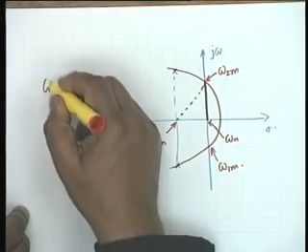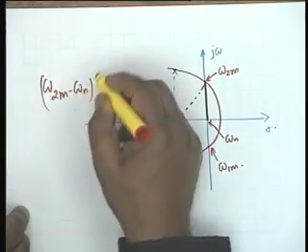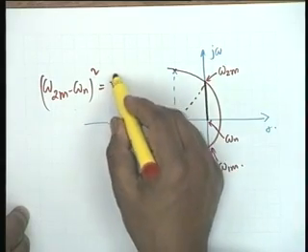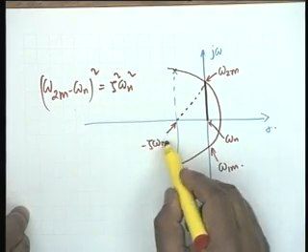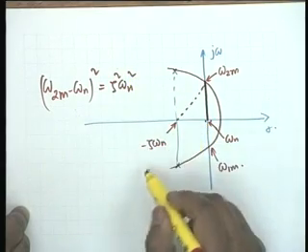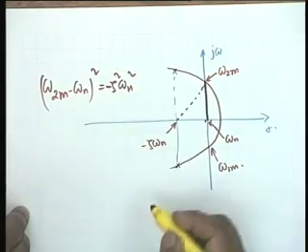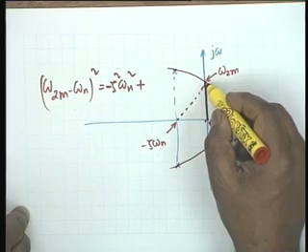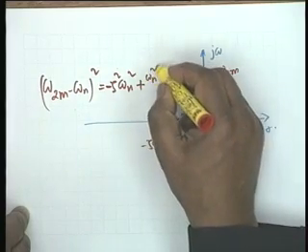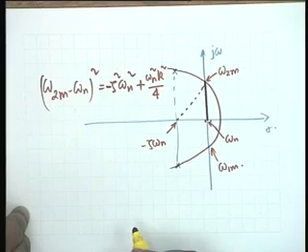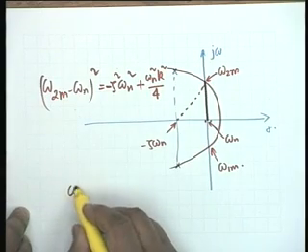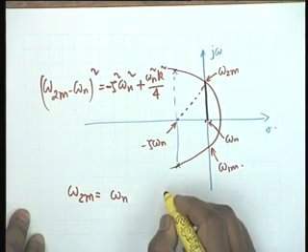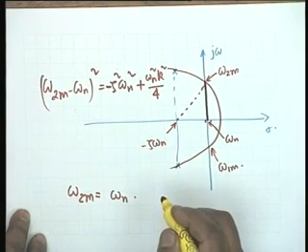You can write omega 2m minus omega n whole squared, that is this squared, equal to zeta squared omega n squared, this distance squared, minus of this plus, what is this? This is the radius, omega n k by 2, so omega n squared k squared divided by 4. By simplifying this, you can find out omega 2m as equal to omega n minus or plus?